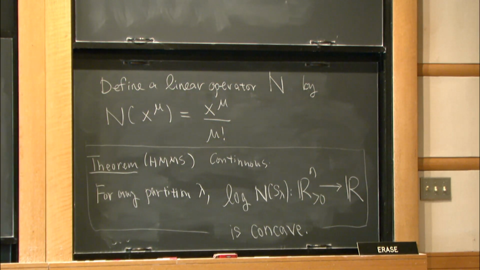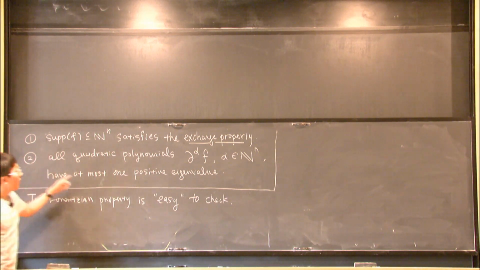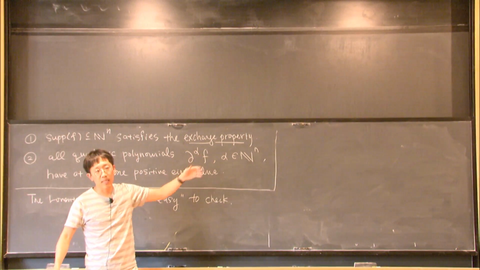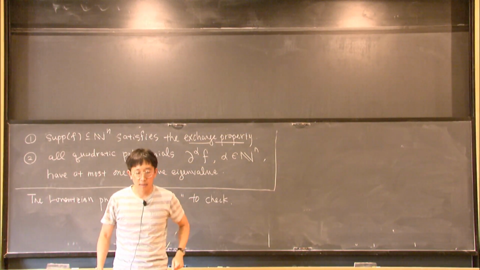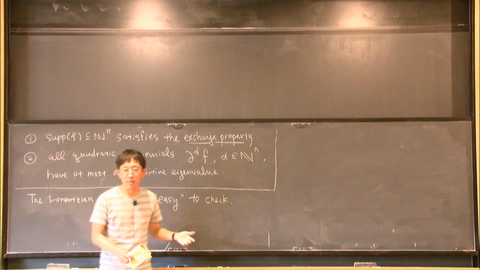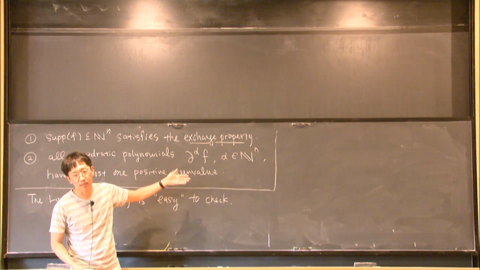But if you look at these two properties, that's entirely combinatorial. You form the Newton polytope, look at the edge directions. Are they in the root directions? Yes. And then you proceed to 2. And you look at all the partial derivatives. These are just a bunch of square matrices whose entries are the coefficients. And we are pretty good at computing eigenvalues or taking the signs of them. So there will be maybe 500 of them. We can do it.